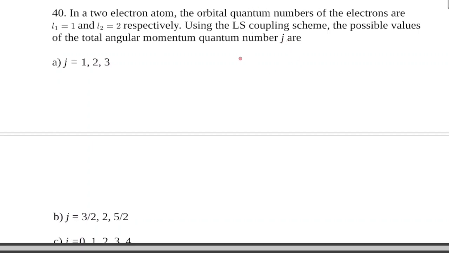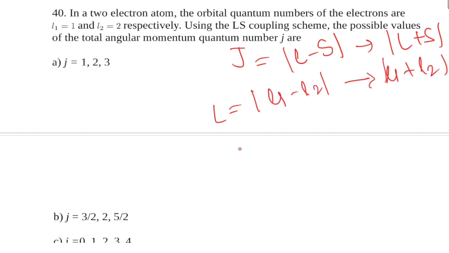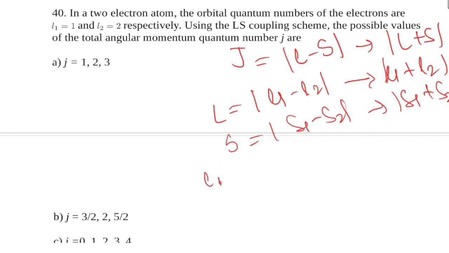So see, J we basically define from L minus S to L plus S. So here first you have to define L and S. L is defined from L1 minus L2 to L1 plus L2, and S from S1 minus S2 to S1 plus S2. Okay, so for given L1 is 1, L2 is 2, so L value will be 1, 2, 3.